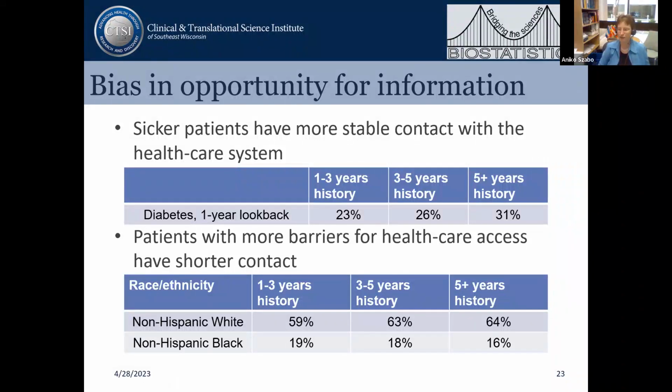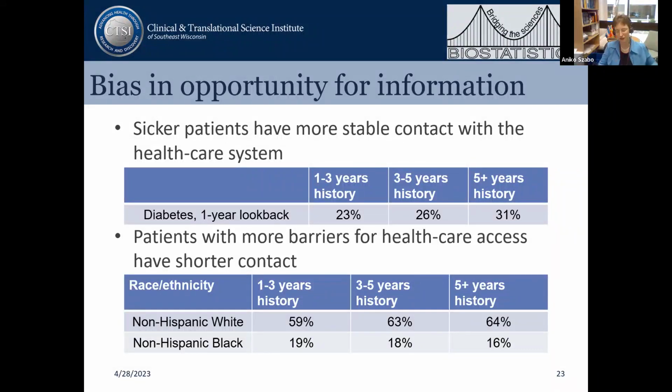One thing I did to try to pick it up was look at race and ethnicity by years of history. With shorter history, non-Hispanic Whites went from 59% to 64% when we have longer history, and non-Hispanic Blacks went the other way around. So again, some people will tend to have more history, and you are also more likely to find things.